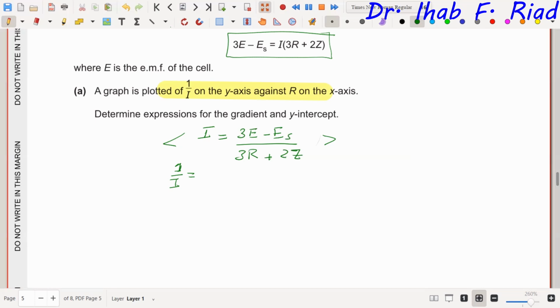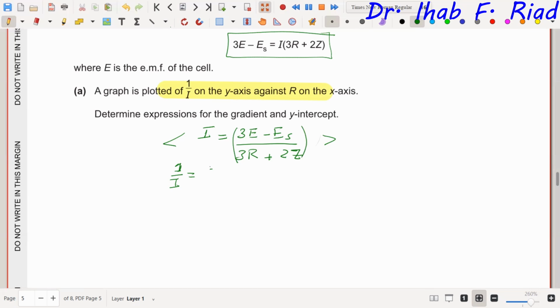You said I invert it here, then where should I invert? Everything. This whole thing.